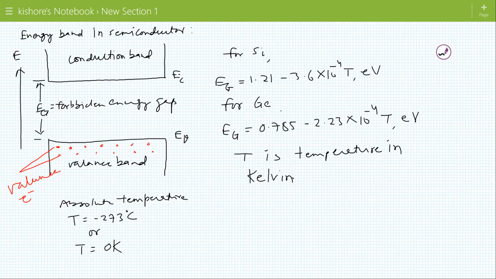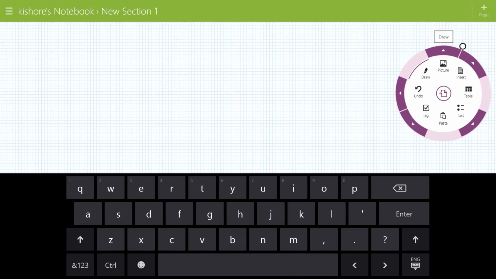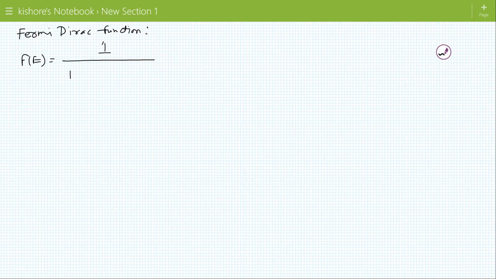Now let us see what is Fermi-Dirac function. Expression for Fermi-Dirac function is F(E) equal to 1 upon 1 plus e to the power (E minus EF) by kT.